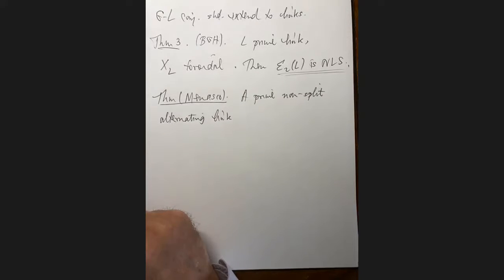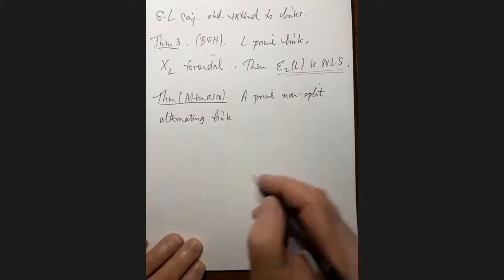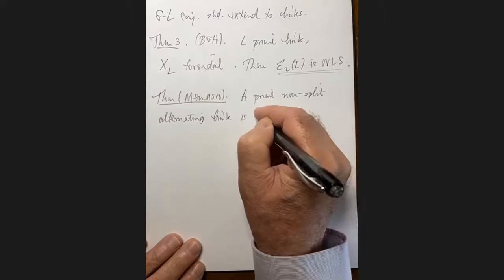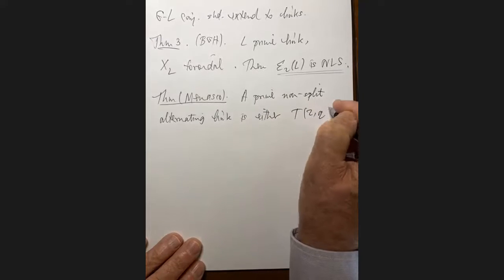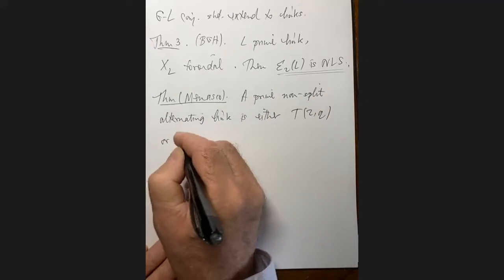Its exterior can't be toroidal. In fact, more specifically, it's either a 2Q torus link or it's hyperbolic.